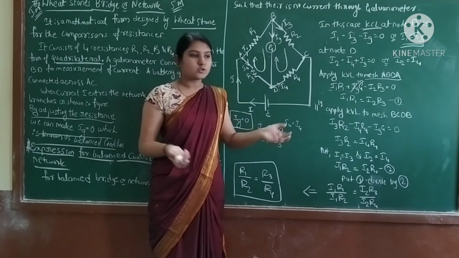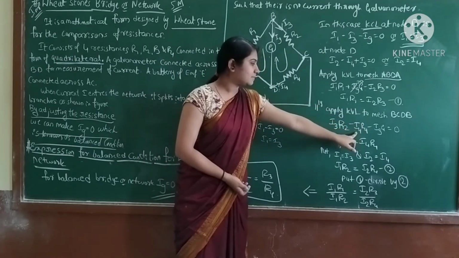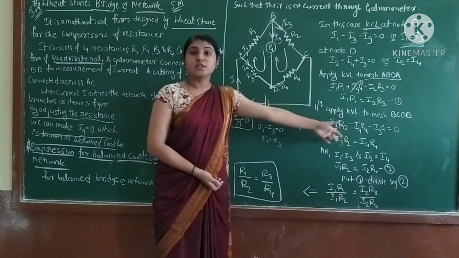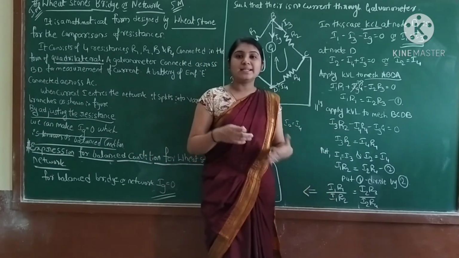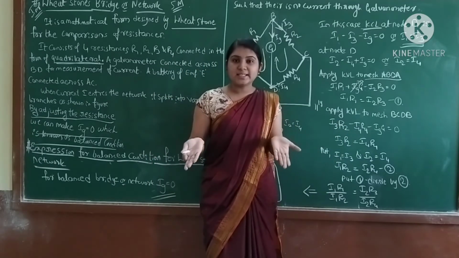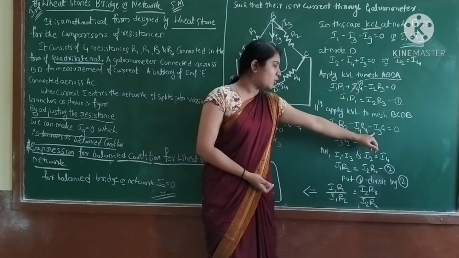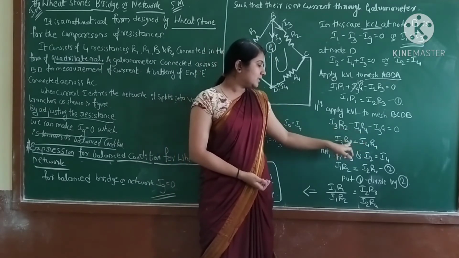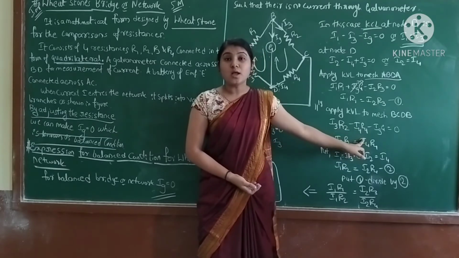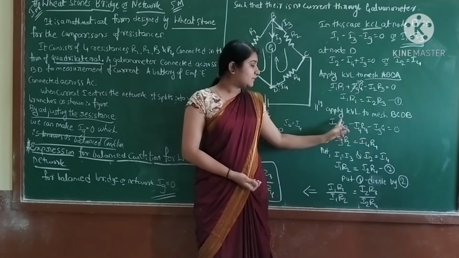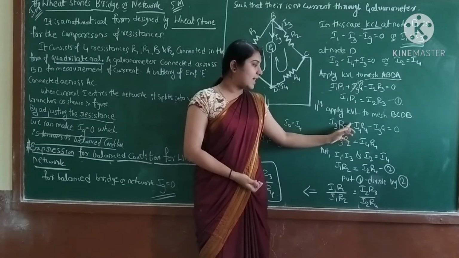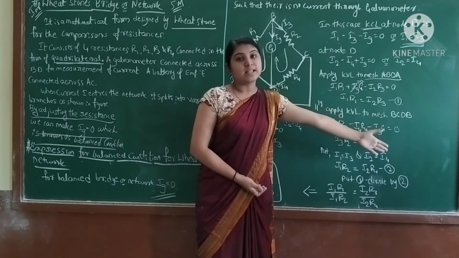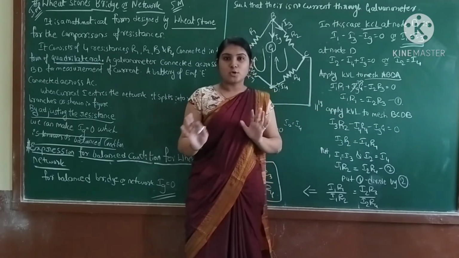So you already know that in the balanced condition Ig will be 0. Put it as 0 and what remains? Only I3 into R2 is equal to I4 into R4, because if the negative sign goes to that side, it will become positive.